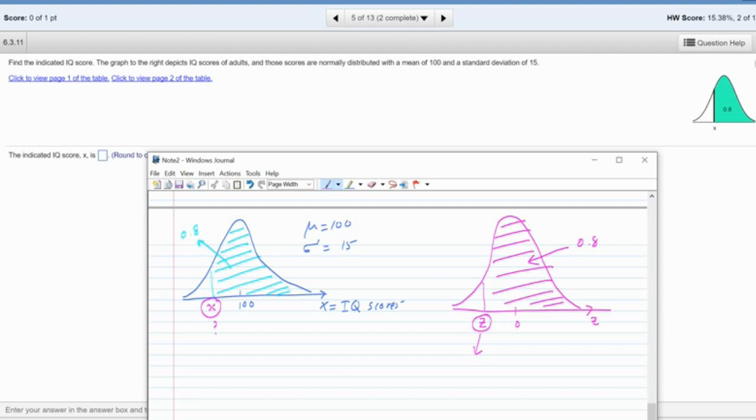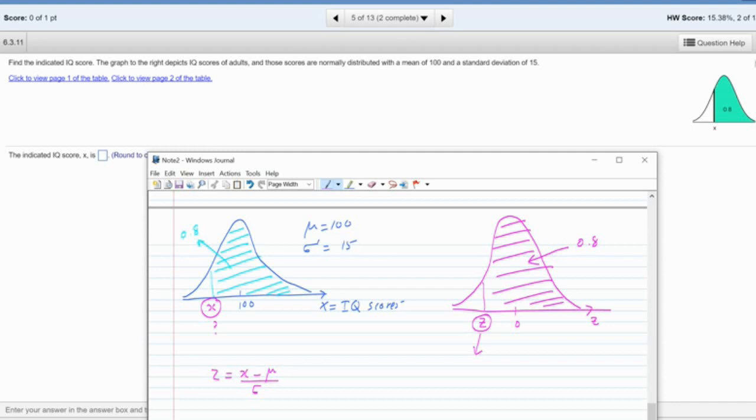Now, do you remember how we converted X into Z? We converted X into Z using this formula: X minus mu over sigma. Now, if Z is given, how would you convert Z back to X?